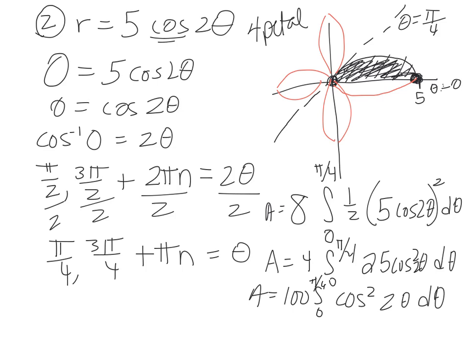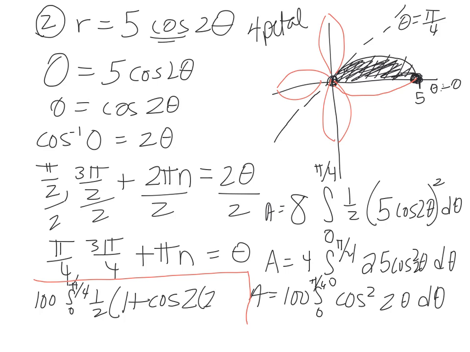I'm running out of space, but I don't really want to advance to the other slide. I'm going to draw a little line and come over here to the left. So if I'm using the power reducing formula, it's going to be area equals 100 times the integral from 0 to pi over 4, and then cosine squared 2 theta will become 1/2 times 1 plus the cosine of 2 times u, which is 2 theta d theta.